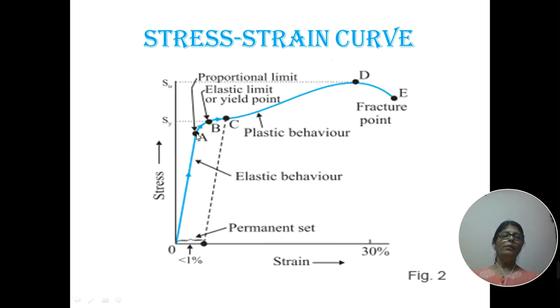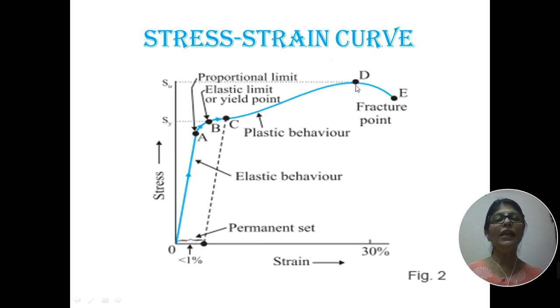Although by definition proportional limit and elastic limit are the same, elastic limit has a little more strain as compared to the stress. Then there is the yield point, which is just beyond the elastic limit, from which the plastic deformation starts up till the ultimate tensile strength. So till ultimate tensile strength, the material shows plastic deformation.